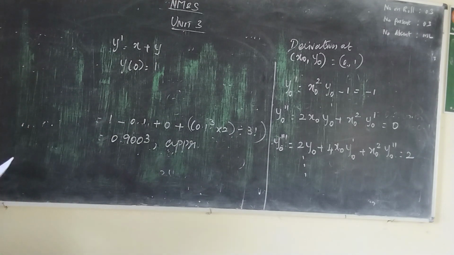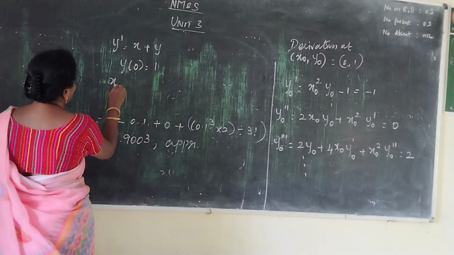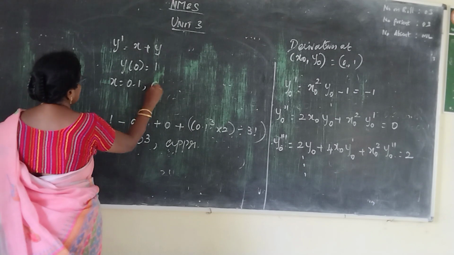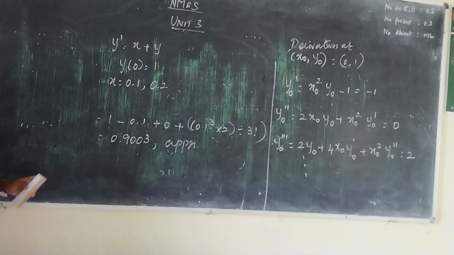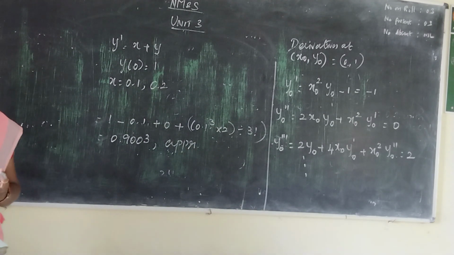Find the values of y at x equal to 0.1 and 0.2. So here you are supposed to find the y value at 2 points. Find y at x is equal to 0.1 and 0.2.